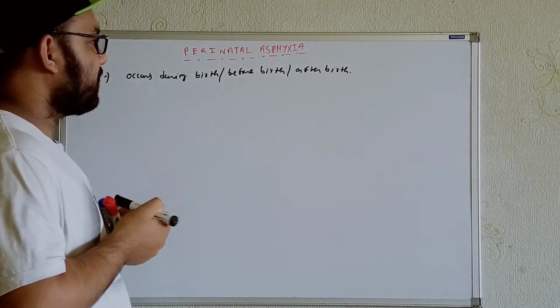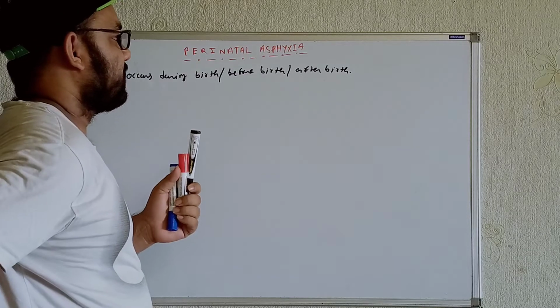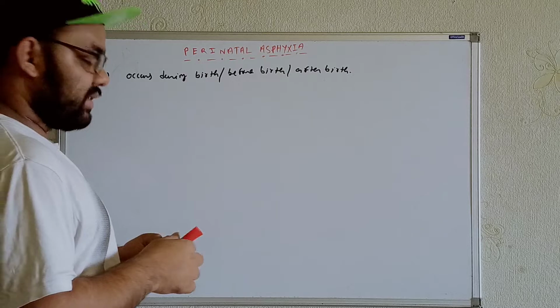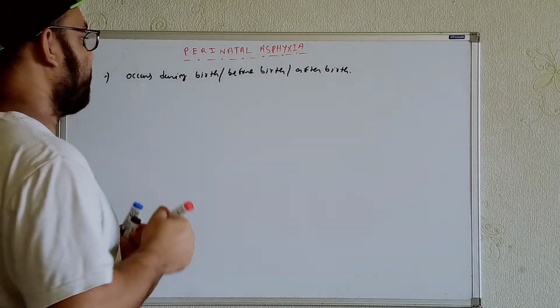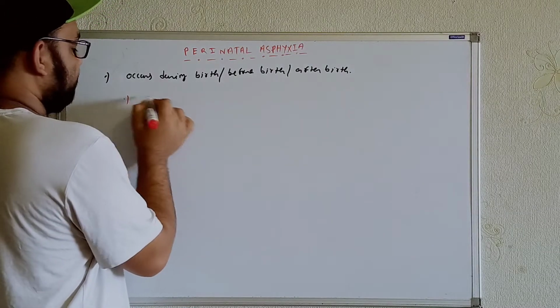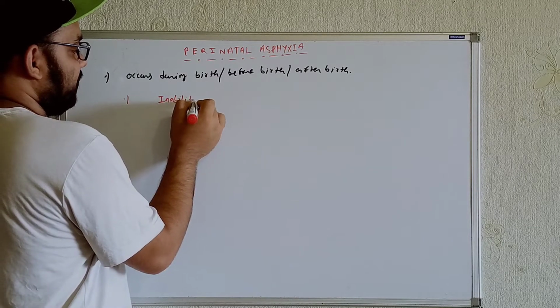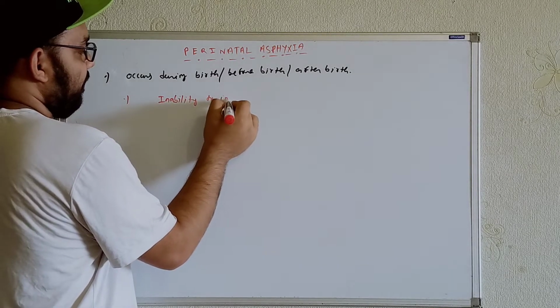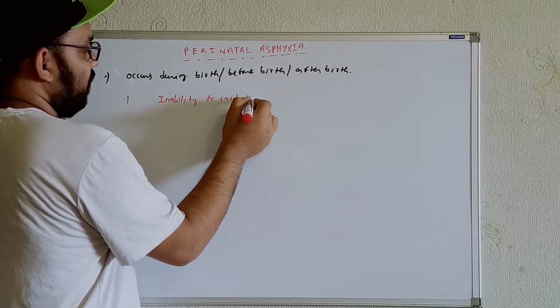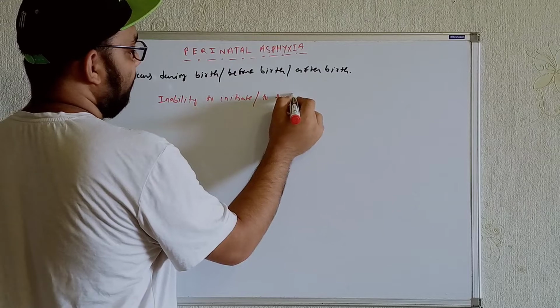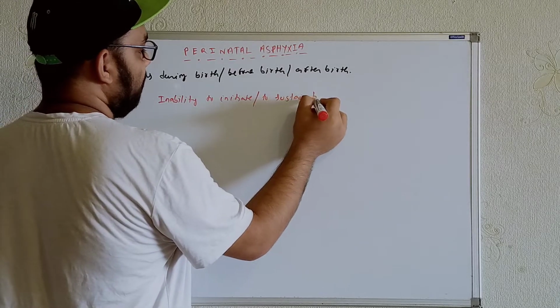Asphyxia means the blood flow will be less in these cases, but the most important thing you need to know is that the neonate will have an inability to initiate or sustain breathing.